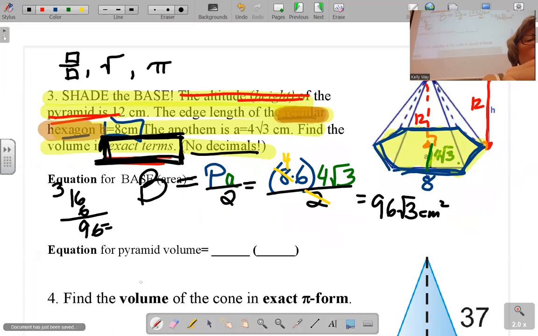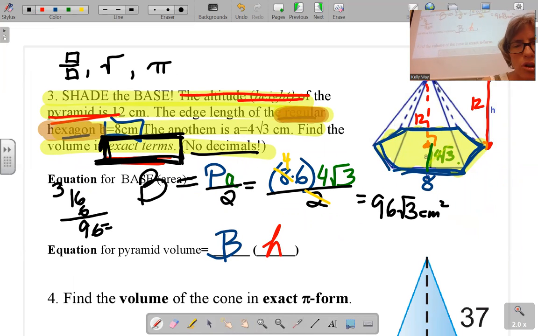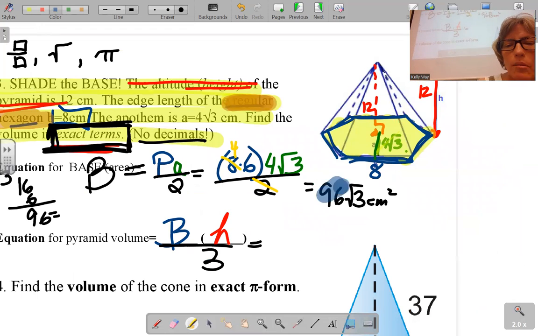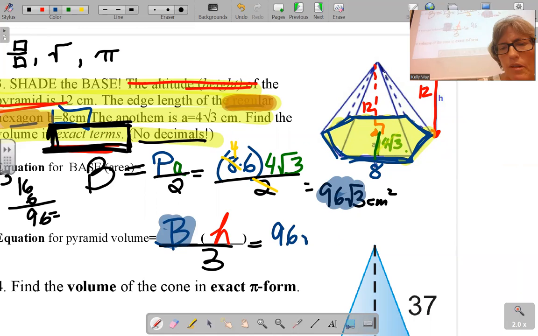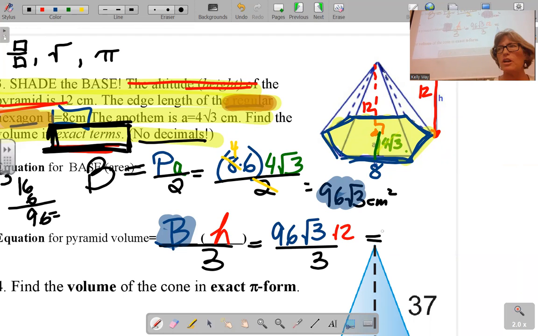We're almost done. We have here base times height over 3. Circle plug chug, base. Times your height, you already have it, 12 over 3. Reduce that yourself. I'm not going to do it for you.